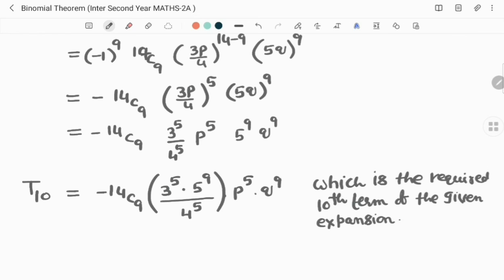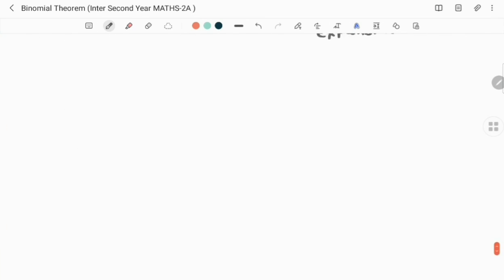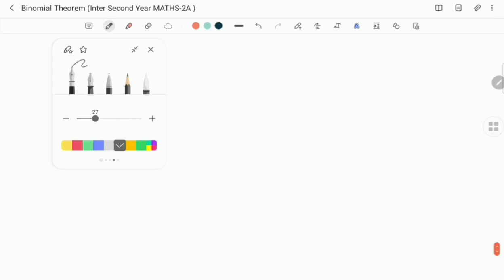We'll move to the third question, and in this session this is the last question. Total 3 questions are there. I will discuss all the questions. This is a very important model.